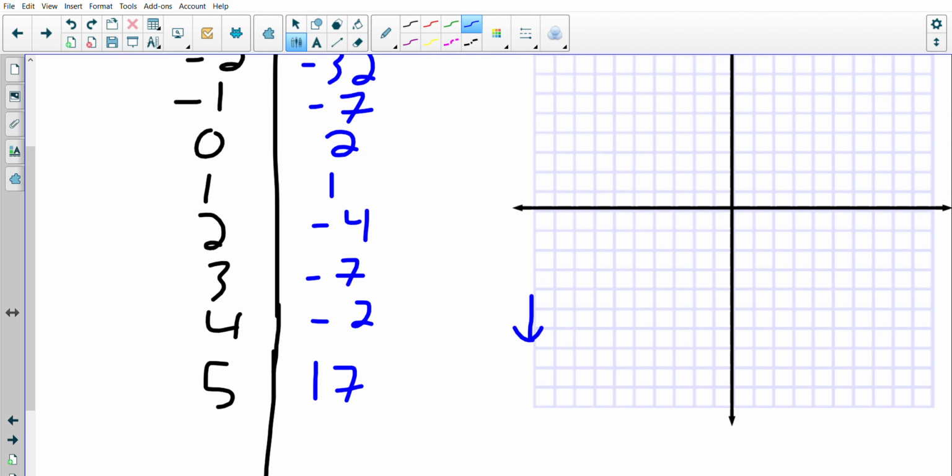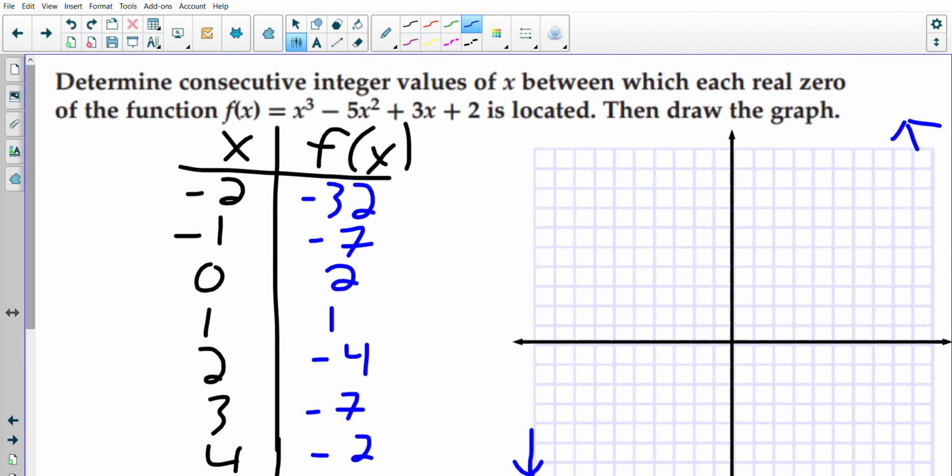Okay, so just looking here, we're looking for sign changes. From -1 to 0, our answer goes from negative to positive, so there must be a 0 between -1 and 0.